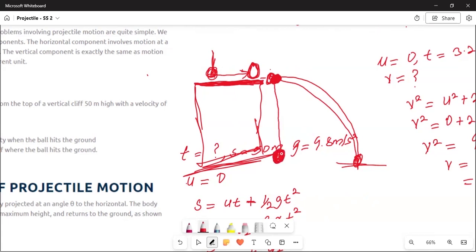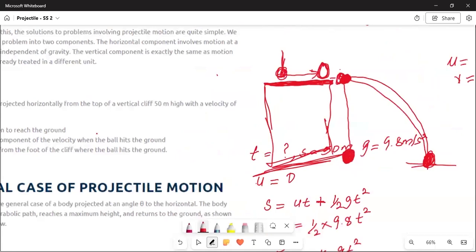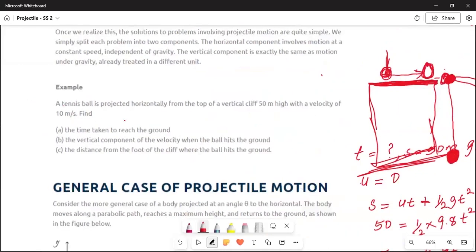But in this case, the ball landed here as a result of this velocity of projection along the horizontal axis. So the point I'm trying to make is that this distance away from the foot of the cliff is dependent on the velocity of projection. In that case, the initial velocity is the velocity of projection, which is 10 meters per second, according to the question.